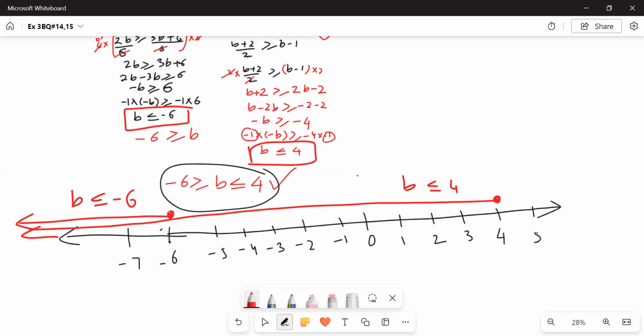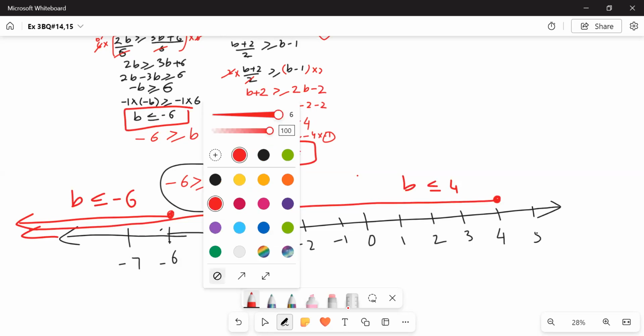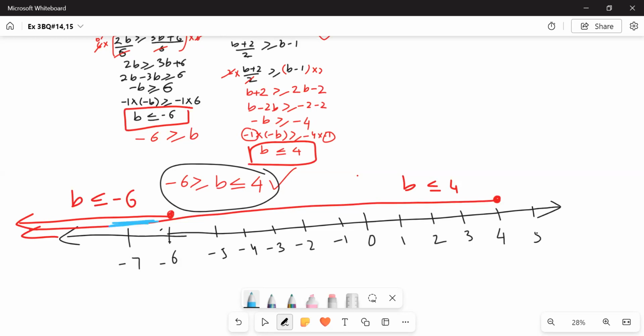They are overlapping here, in this area, only this area. So we will choose only the area that overlaps with both inequalities, and we will write the answer like this.